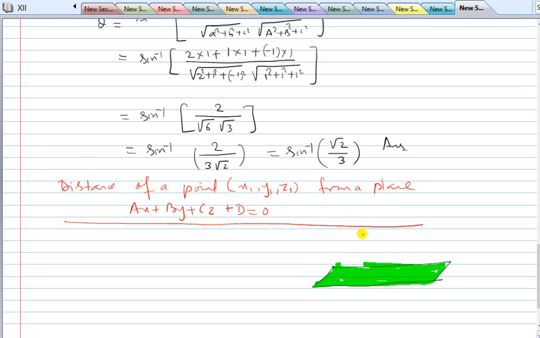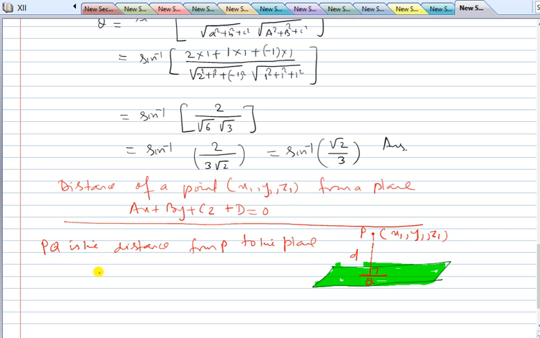Suppose I take a point P which is having the coordinates x1, y1 and z1, and I want to find the perpendicular distance from P to this plane. Suppose PQ is the distance from P to the plane.